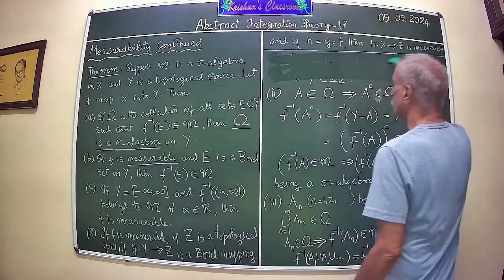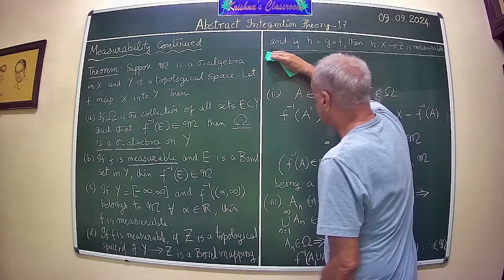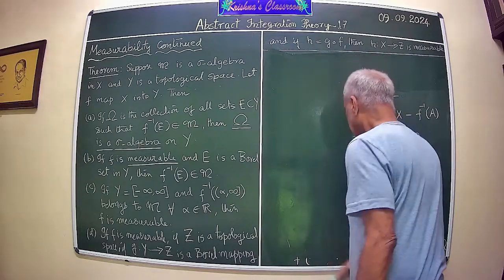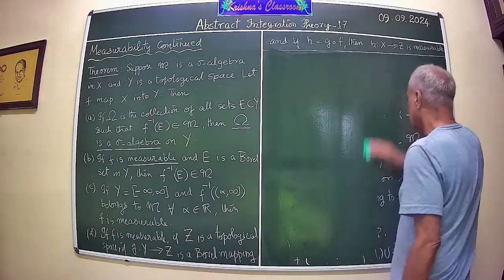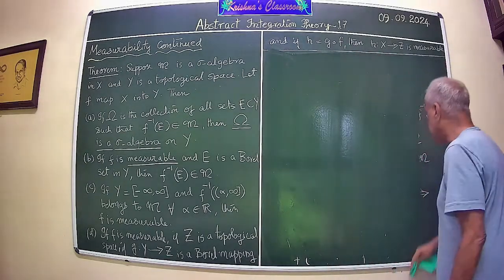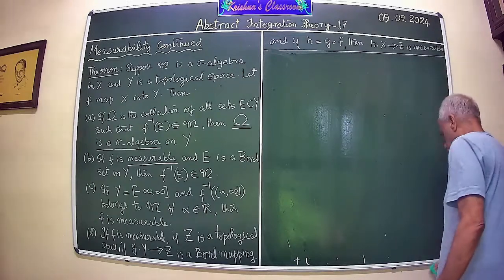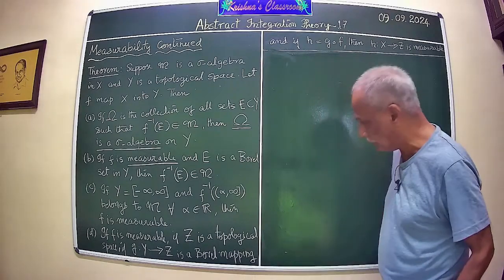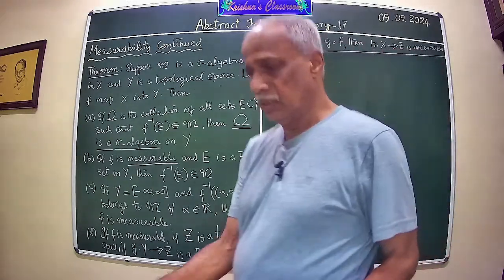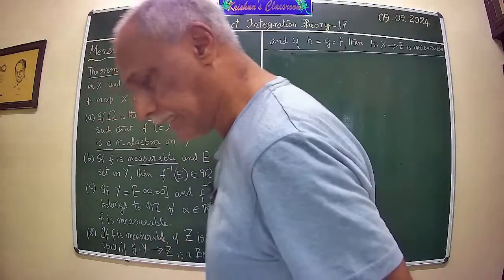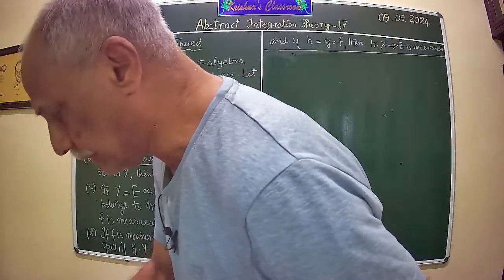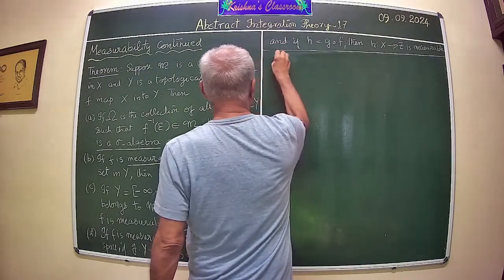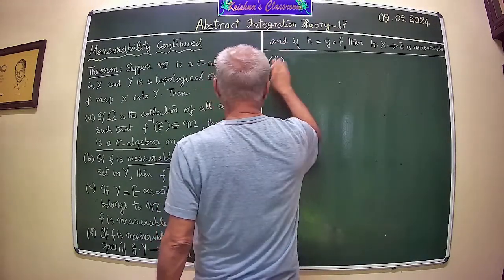So we have proved that whatever be the function that you take from X to Y, this omega is a sigma algebra on X. Now we further assume, so the case 2. So let us take the case 2.